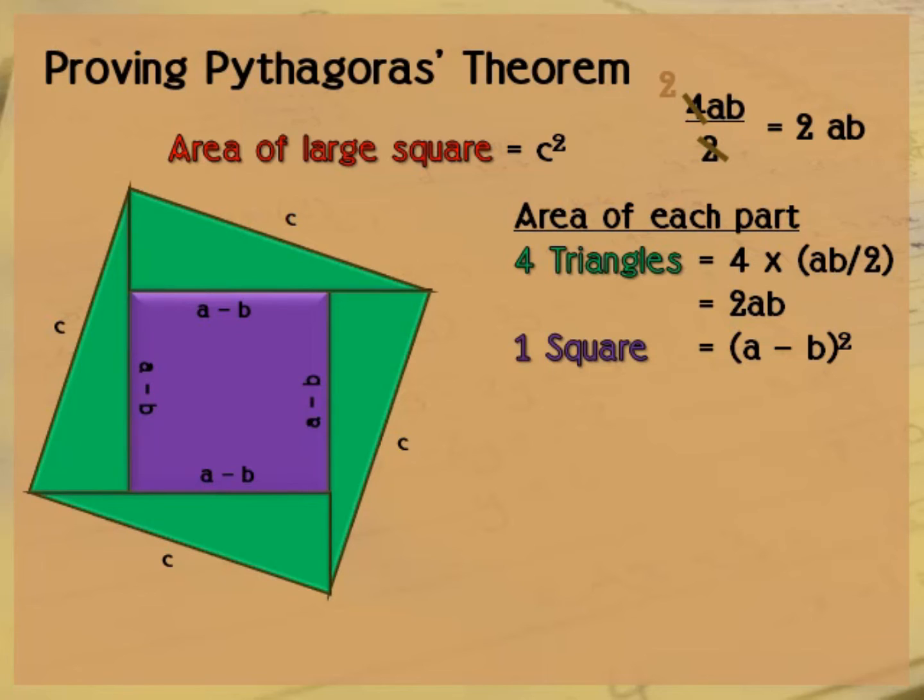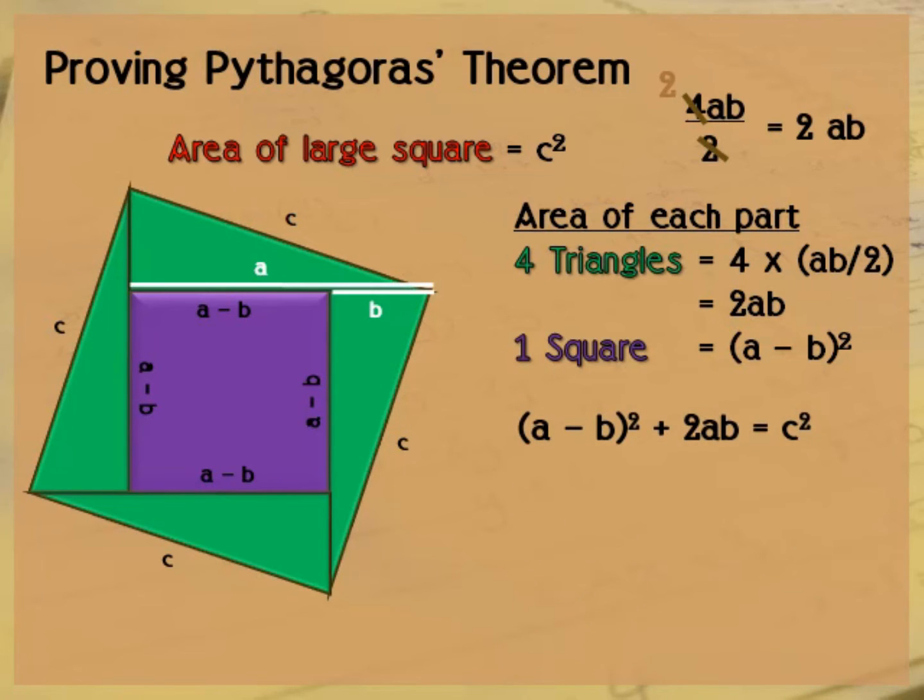And then we have the area of the purple square, which is a minus b all squared. And we can see this because we have the base of the triangle, that's a, and we have the height of the triangle, that's b, and if we look at the diagram, we can see that the length of the side of the purple square is going to be a take away b, or a minus b, and then we square that.